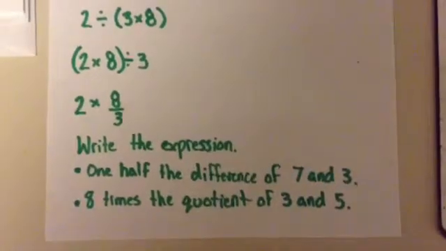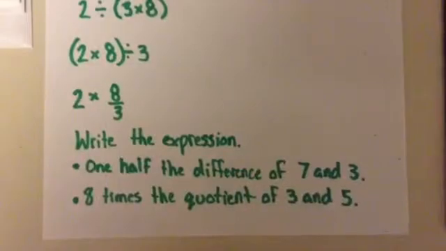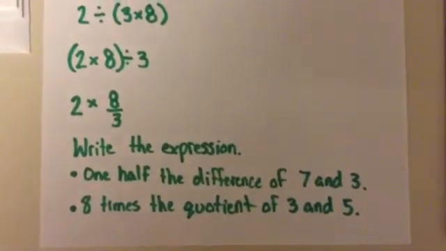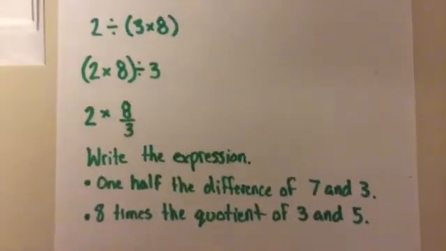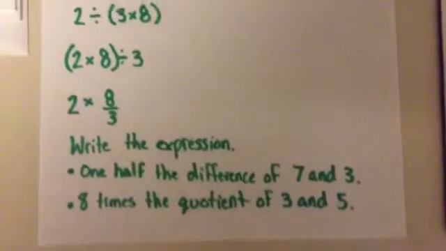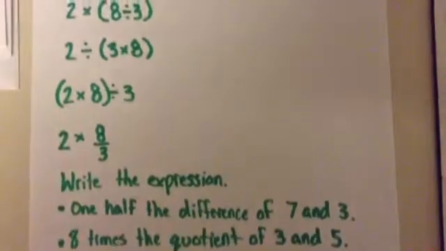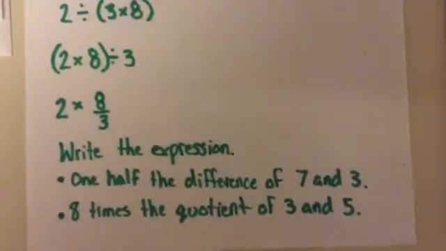Alright, my second expression I need to write 8 times the quotient of 3 and 5. Once again, I'm looking for that math word. That math word is quotient. Quotient, just like difference, is asking for an answer. Quotient would be the answer to a division problem. Now, I'm not going to want to divide out 3 and 5, just because that's going to give me a very small decimal number.